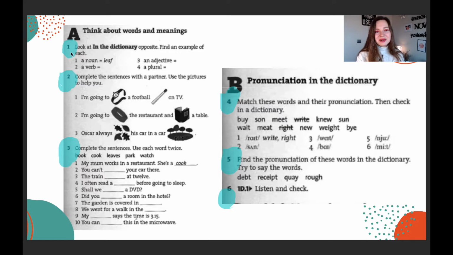So in activity 1 we can see that there is the reference to the dictionary section, and there, you remember, we had some words from the real dictionary with the examples, and we saw there a noun, a verb, an adjective and plural. So this is a sort of guided discovery, and it helps the learners to notice these parts of speech in the dictionary and what they stand for. So that's something that might be really great to connect.